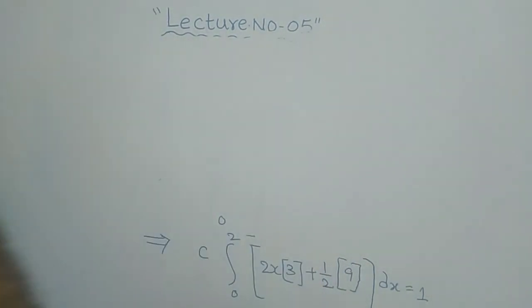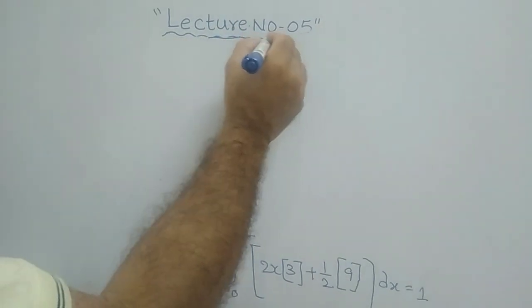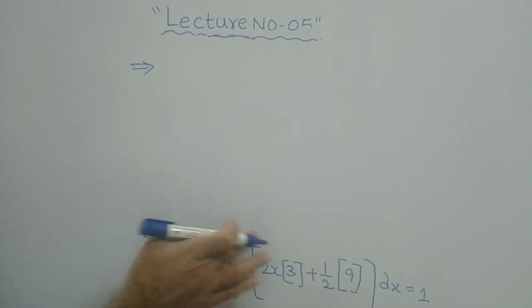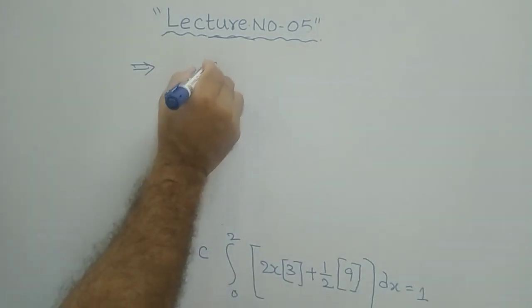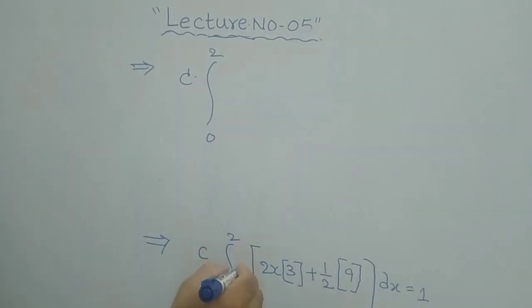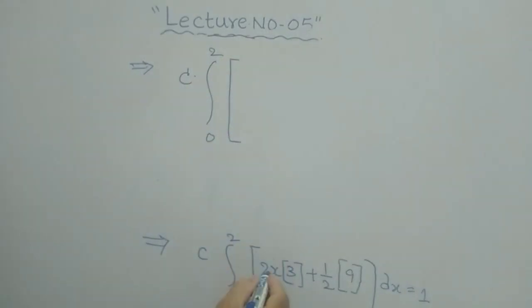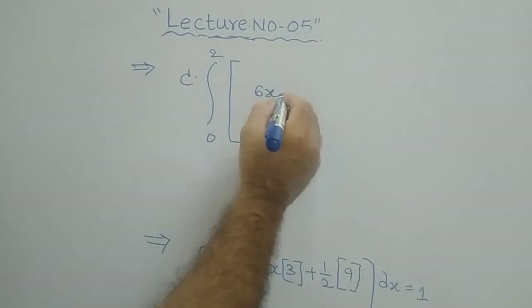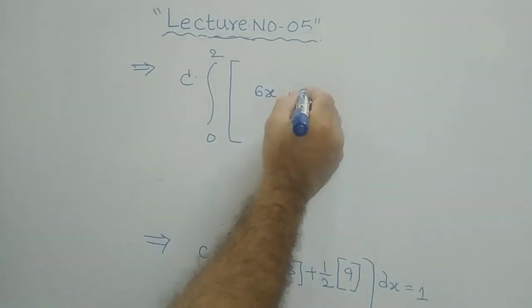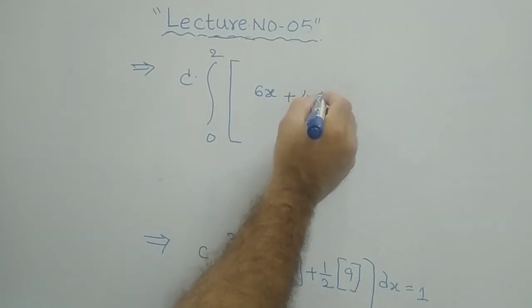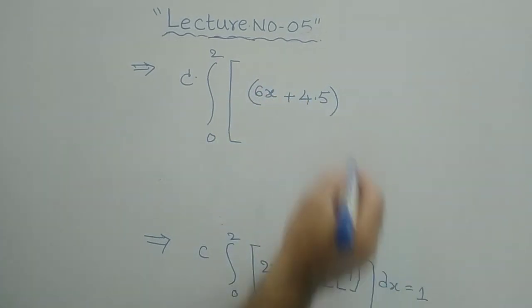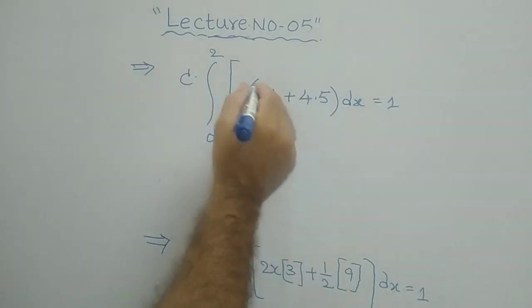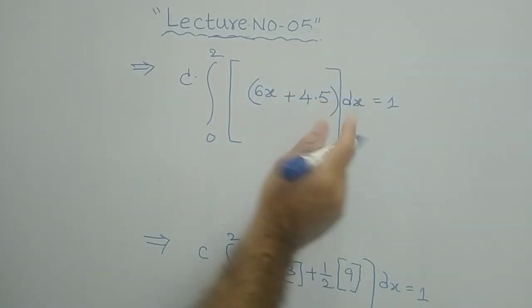So this implies, what you will get? c will remain the same, 0 to 2 will be there, and then definitely in the bracket you will get 2 into 3x, it is 6x actually. 2 3s are 6 plus, and definitely 1 by 2 into 9, that is 4.5, of dx, equal to 1. Clear? So now this is your function.